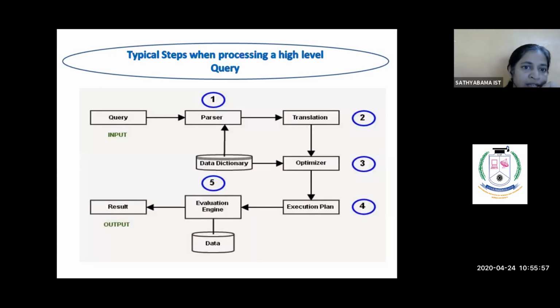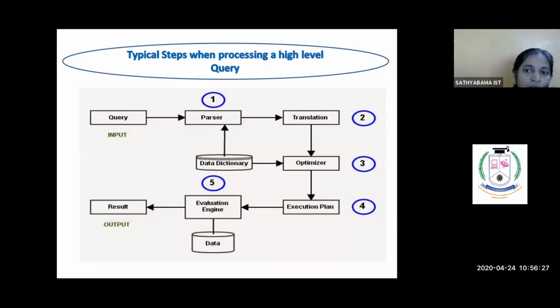So we need to translate from the high-level language query into a relational algebra expression. Once we have the relational algebra expression, the next step is that various corresponding query trees would be generated. For a single query, a number of query trees would be generated. We are going to see this in detail in the later slides.